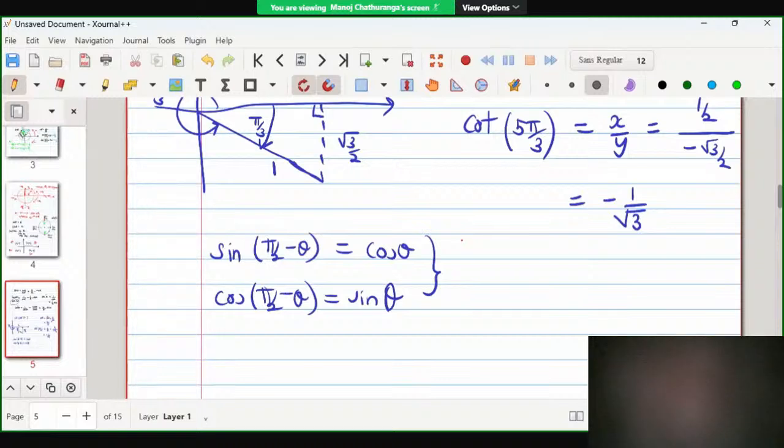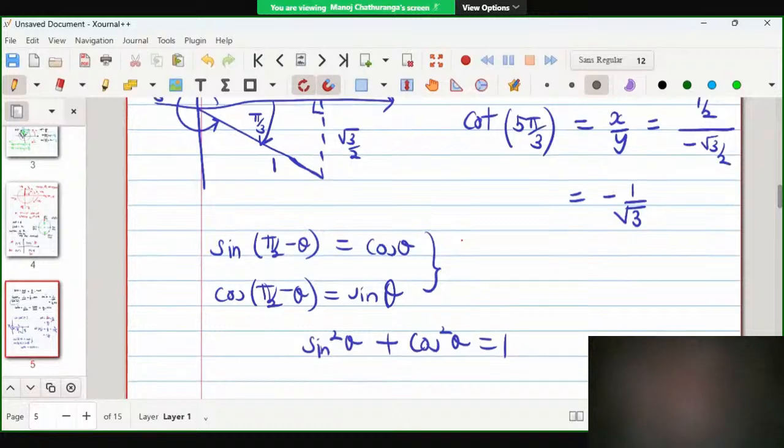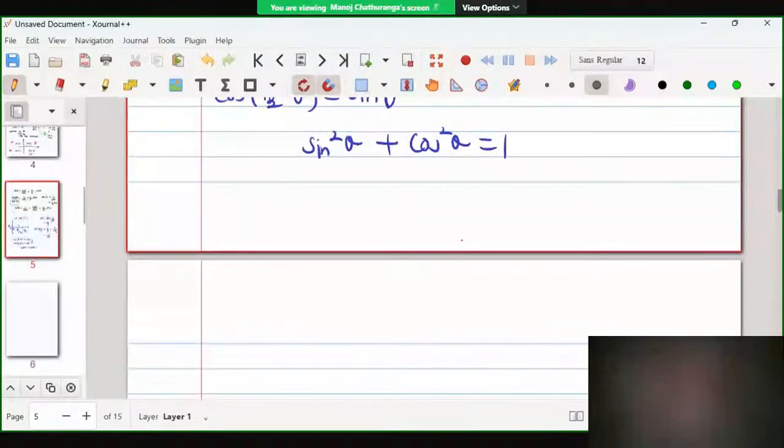And more importantly, we still have this Pythagoras relation for trig function values.